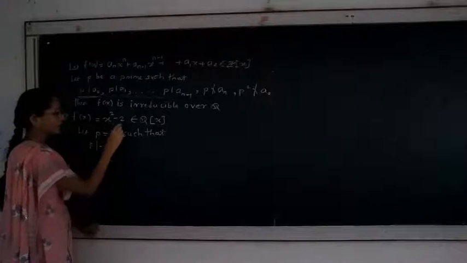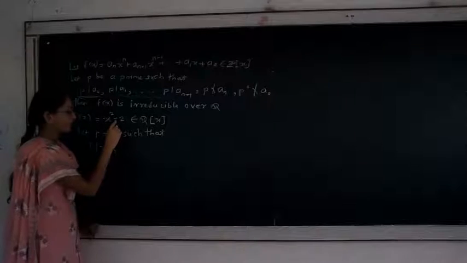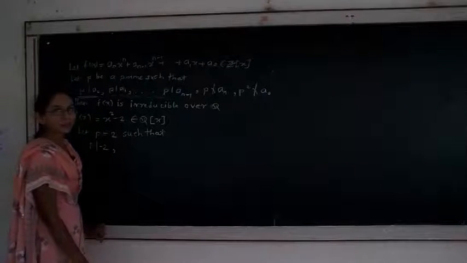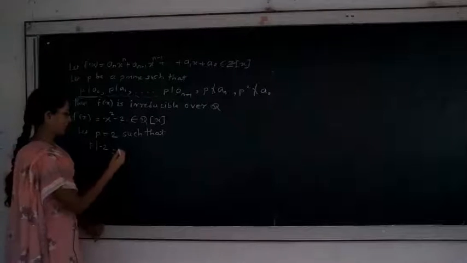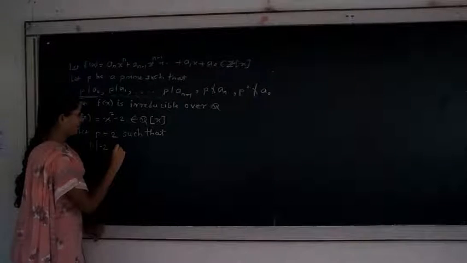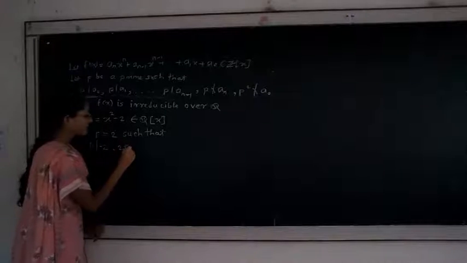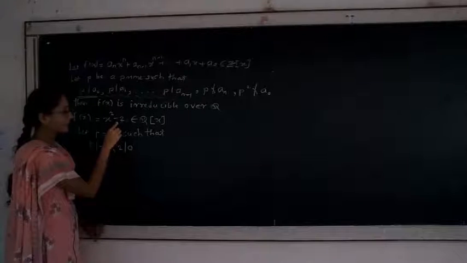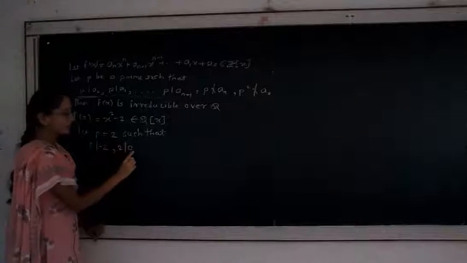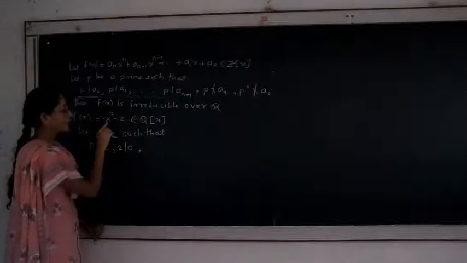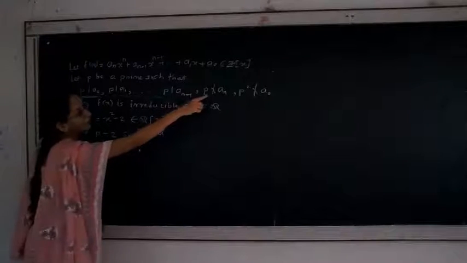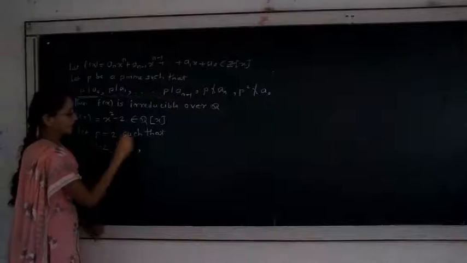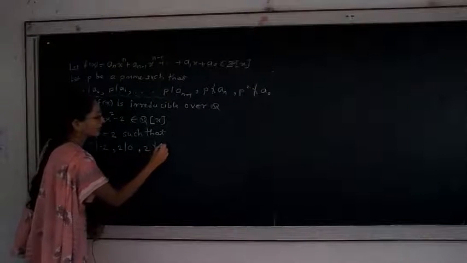Next condition, the coefficient of x is 0, and we know that any non-zero number is a divisor of 0. So 2 divides the next coefficient a1 of the polynomial, which is 0. The leading coefficient, the value of a_n in this polynomial, is 1, and 2 does not divide 1.